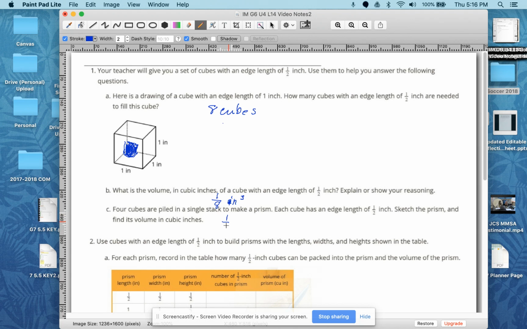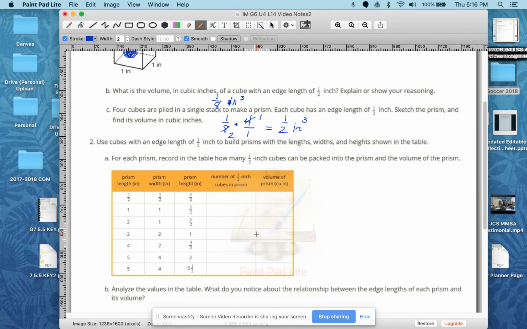So I have 1/8 cubic inch, and I'm multiplying that times 4 blocks. And when I do that, 4 is really 4 over 1. 4 goes into itself 1 time, and 4 goes into 8 2 times. So I get 1/2 cubic inch. And that would be the volume of the entire prism that was stacked.